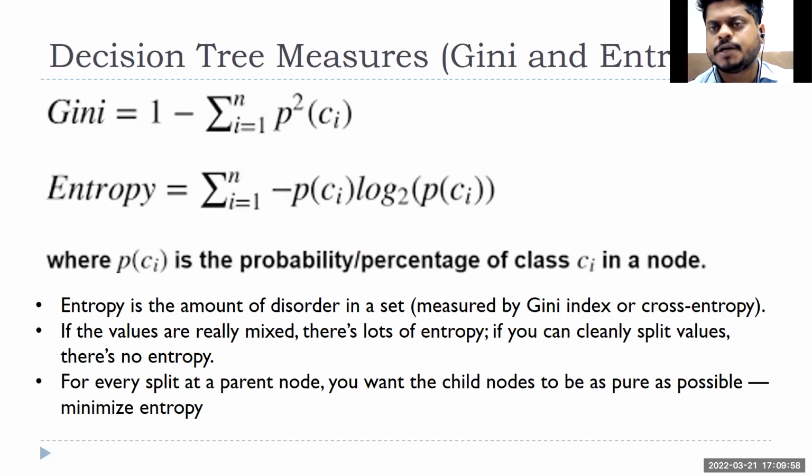The philosophy of Gini index and entropy is almost similar. Entropy is the amount of disorder in a set. Imagine in a physics class, if I put a glass and it breaks down, entropy is increasing, disorder is increasing. Decreasing disorder needs certain energy, certain effort. Gini index is similar.